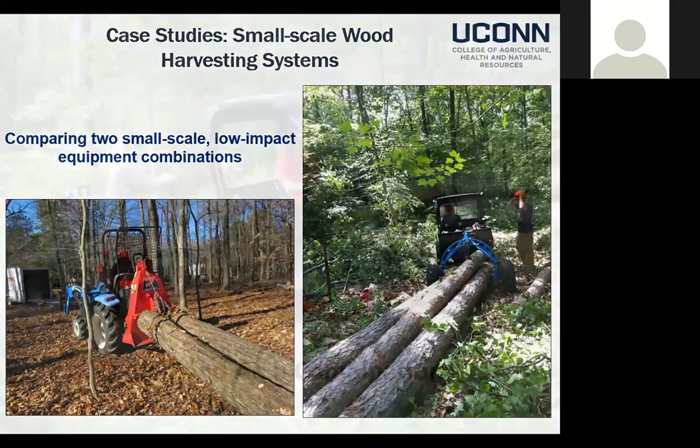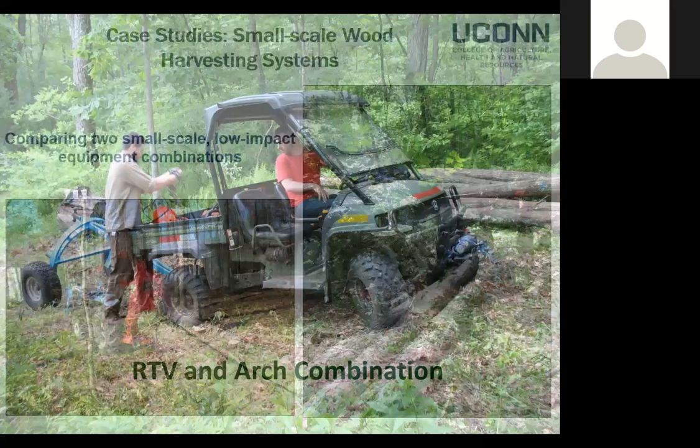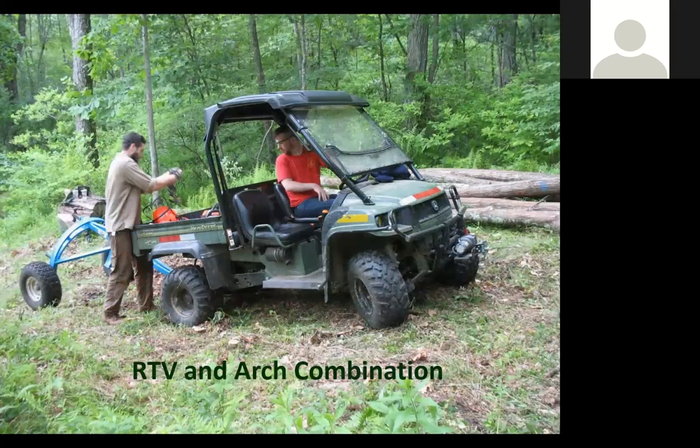The RTV and arch combination is a versatile combination. It provides a variety of capabilities, in terms of being able to haul people and haul gear around. You can combine it with the arch in a variety of different ways.